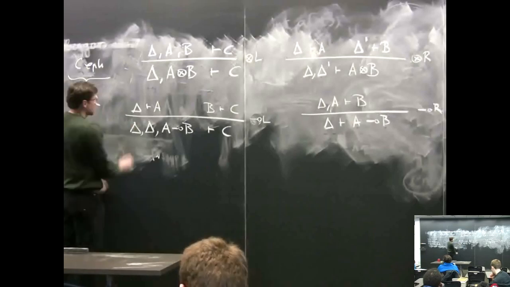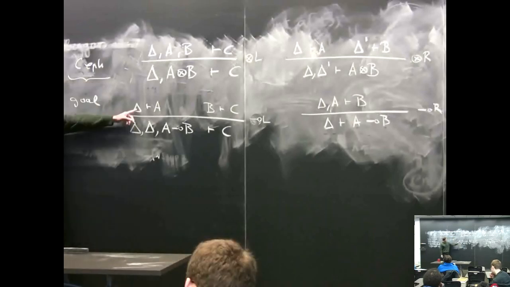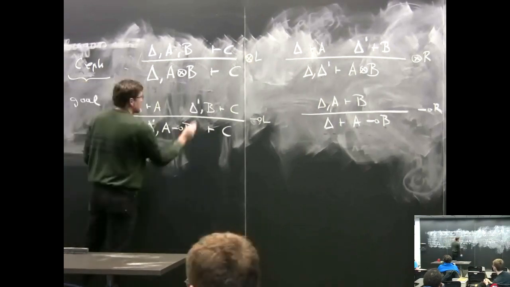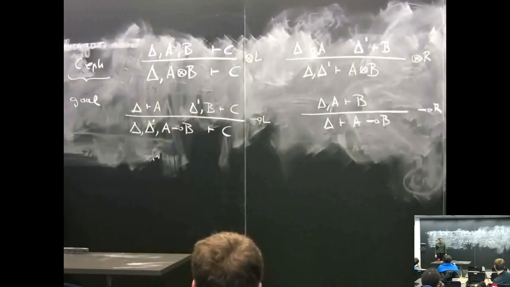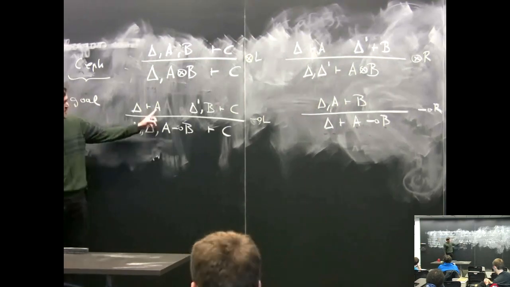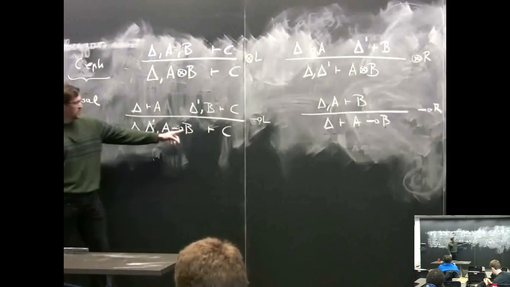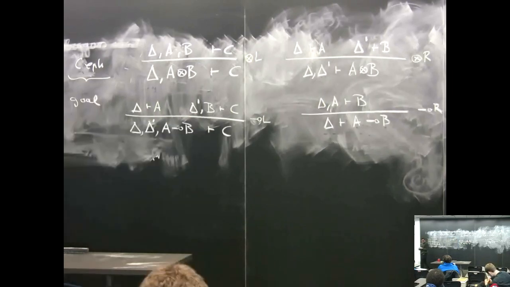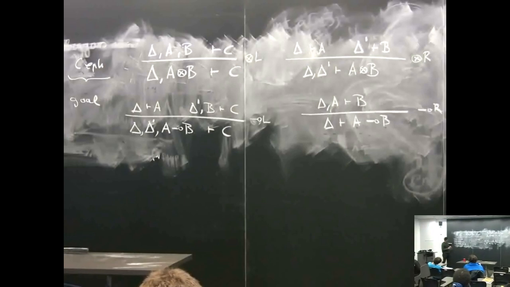So we have to commit part of our resources delta to prove A, and then the remaining resources we can put together with B to accomplish C. So the way you use an implication is you get the resource A, then you can use the implication as a rule, if you will, and get B, and then use B together with remaining resources. So that's a good start.